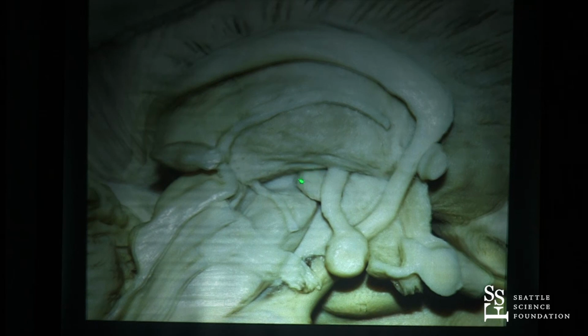I had never seen this dissected as Richard did. And this is the interpeduncular nucleus. So this is the red nucleus, I'm sorry, the red nucleus, nucleus ruber. And this is the subthalamic nucleus. And in between, in the middle of the midbrain, you have the interpeduncular nucleus, nucleus interpeduncularis.